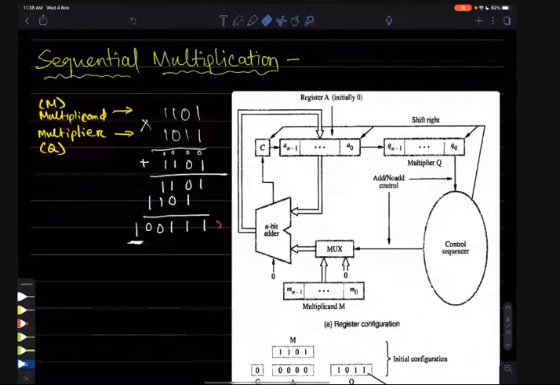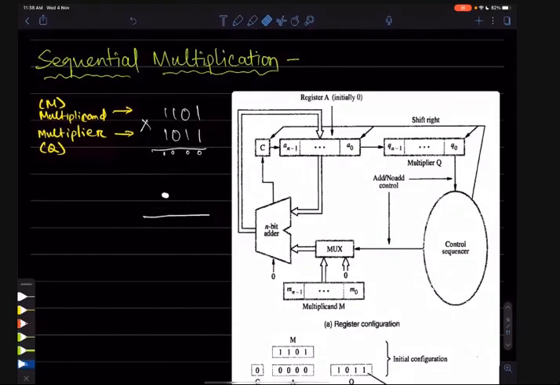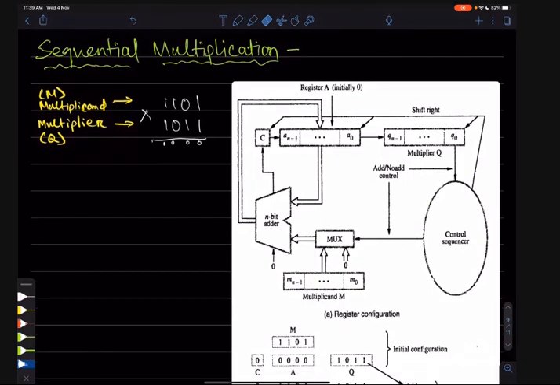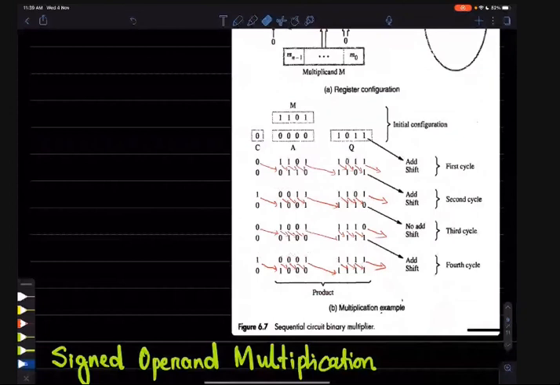Everybody understood? Okay then, if you understood this, then it's good.